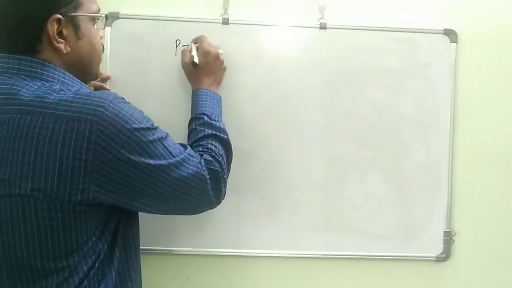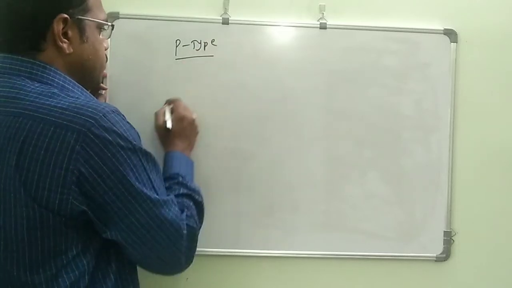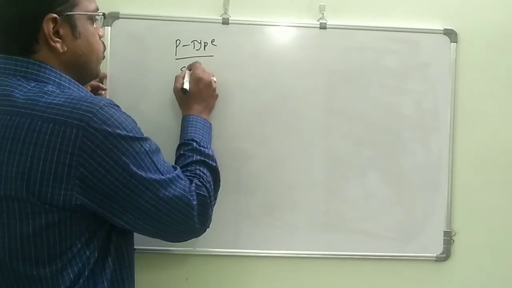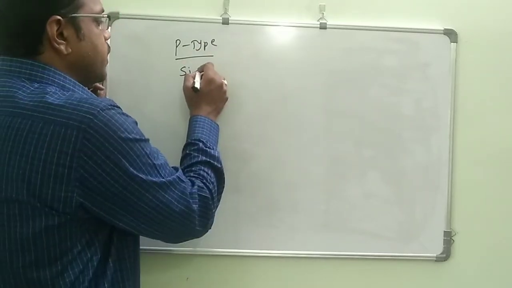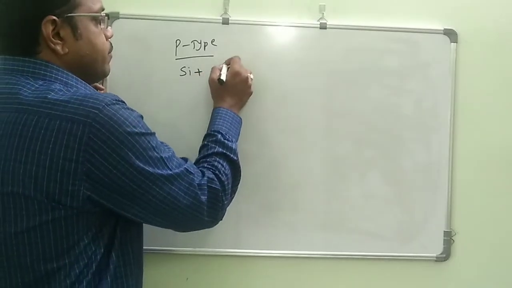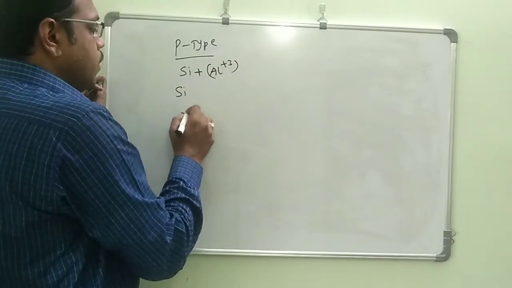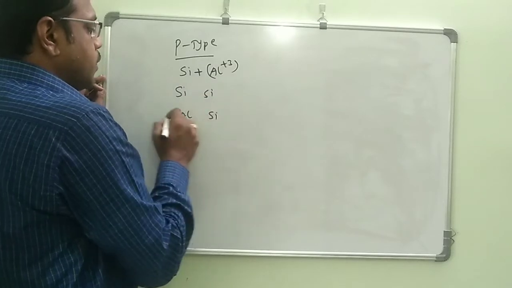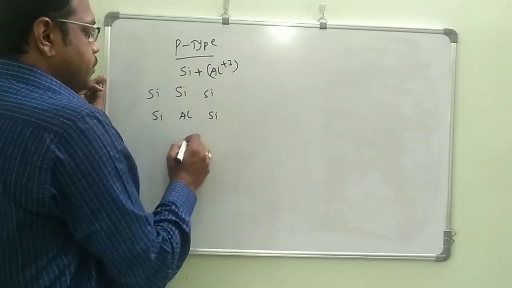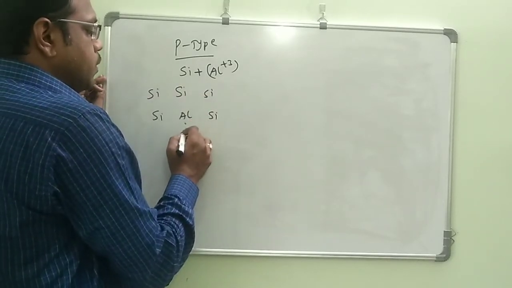So p type, as I already told, if you want to form it, silicon should be doped with aluminium.